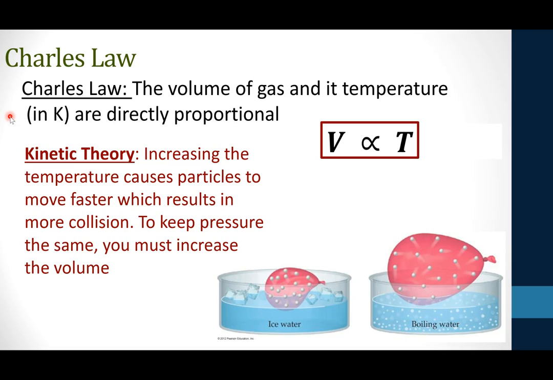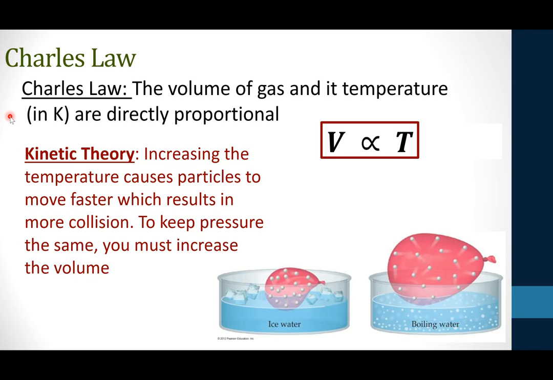We're holding the pressure constant. So particles moving faster would result in more collisions and a higher pressure. But to keep pressure constant, we have to pull the sides of the container away from those particles so that we maintain the same number of collisions, we maintain the same pressure. So as those particles move faster, they're going to need more room to move if pressure stays constant.